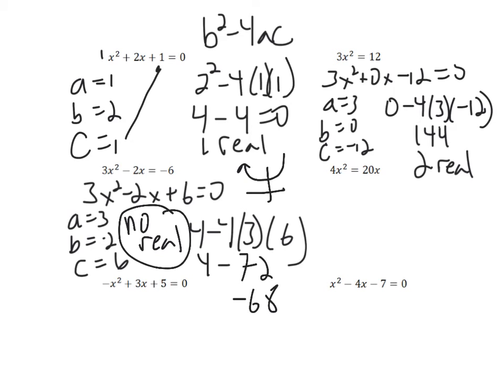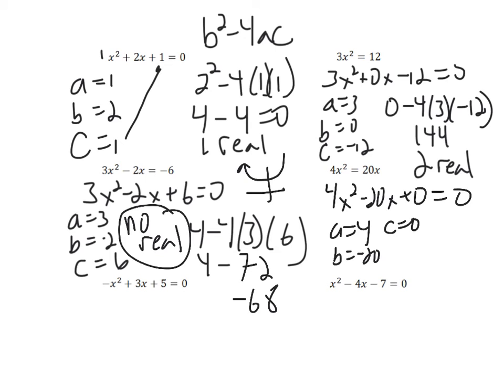All right, so this one, 4x squared minus 20x plus 0, because I want to know that c is a 0. I wouldn't write that, but if you're just learning, you might want to. 4 is A, B is negative 20, C equals 0. The formula says negative B, so I'm sorry, B squared.